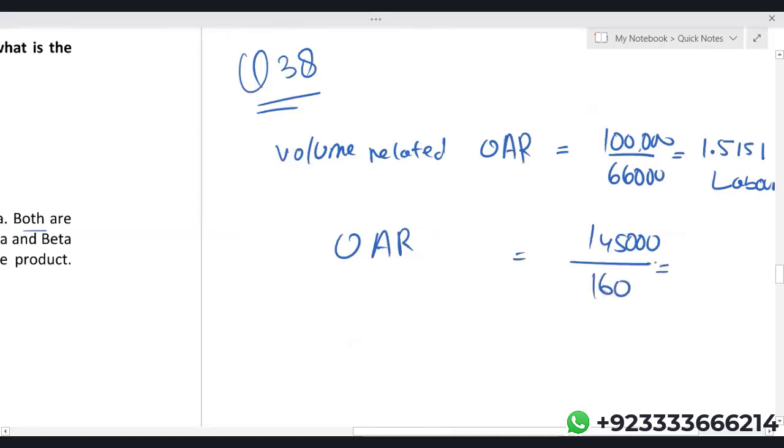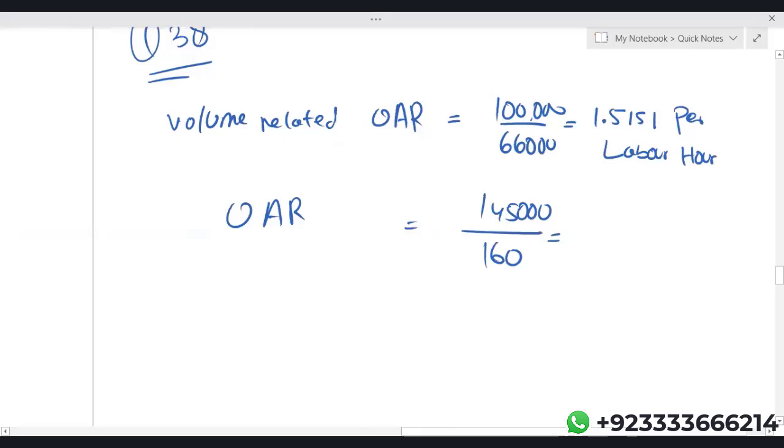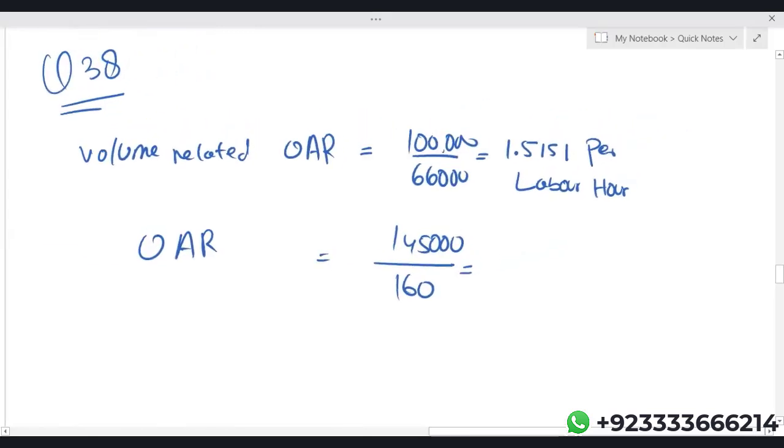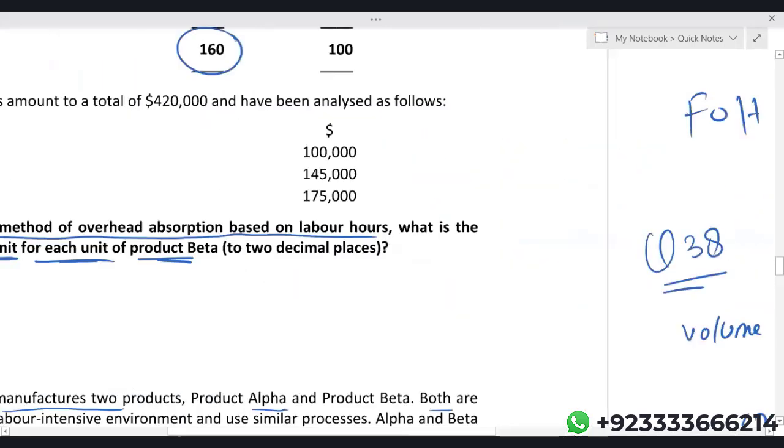So that gives me per purchase order 1,45,000 divided by 160. I'm getting $906.25 per purchase order.